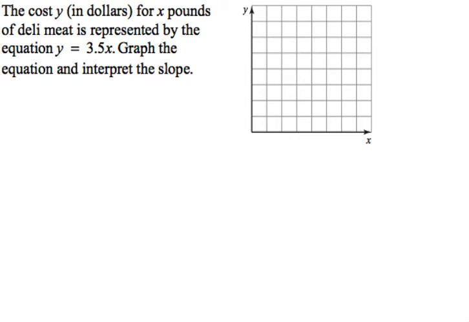The cost y in dollars for x pounds of deli meat is represented by the equation y equals 3.5x. Graph the equation and interpret the slope. Okay? It says y is dollars, the cost in dollars, and x is the pounds of deli meat.